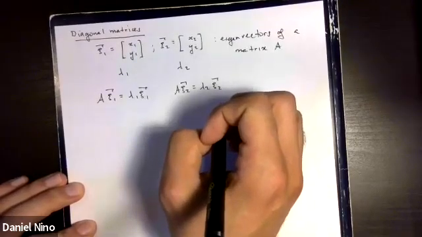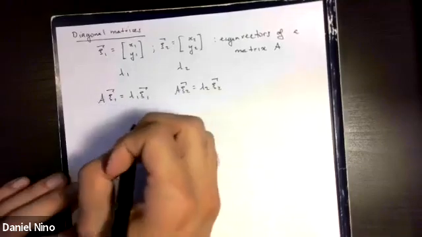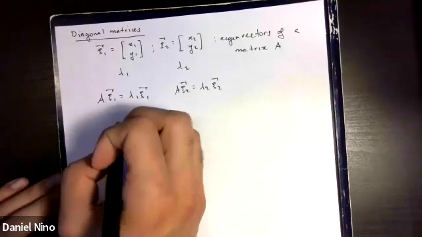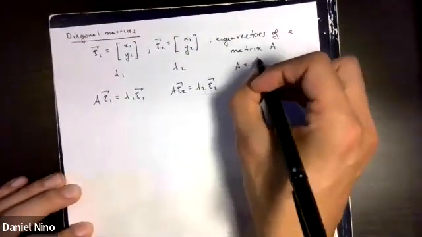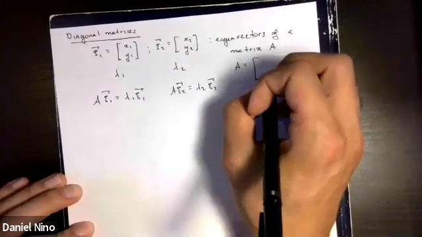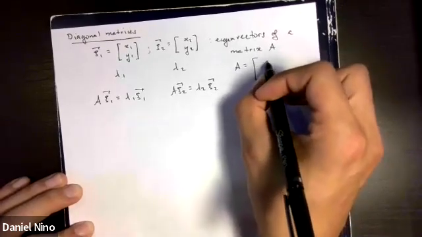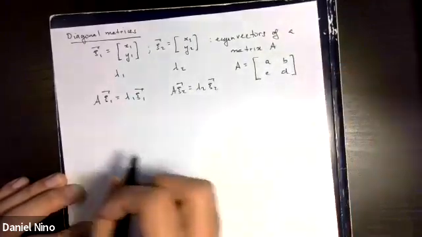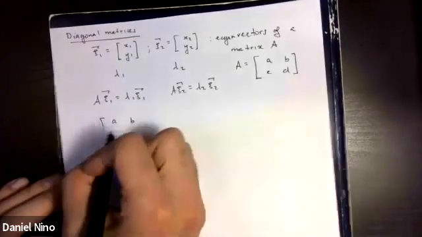All right. We can rewrite these two statements more compactly as follows. So if matrix A has entries given by A, B, C, and D, then we can combine these two statements into the following.